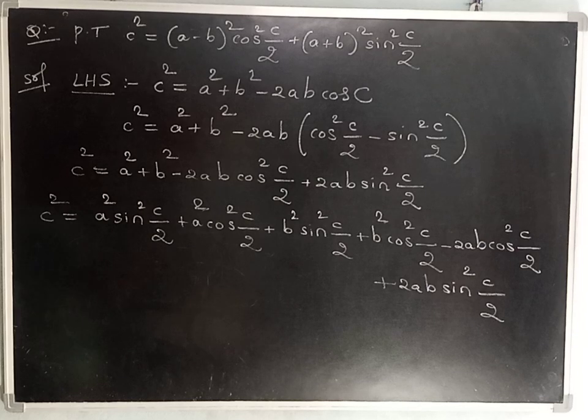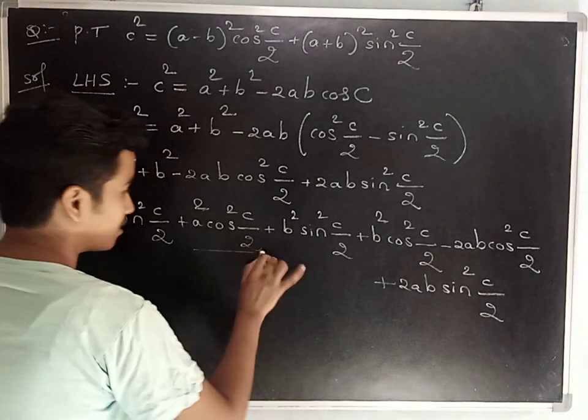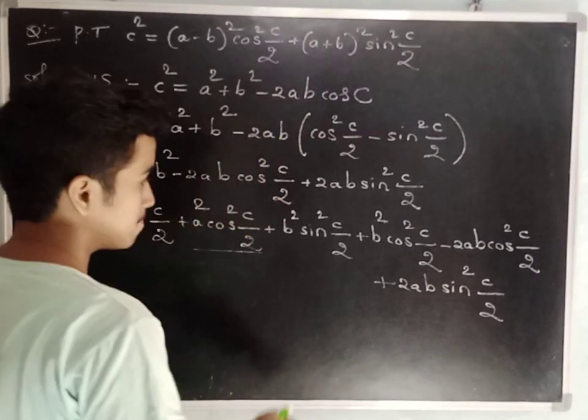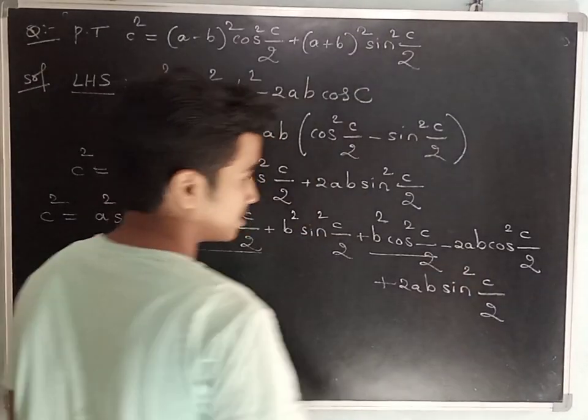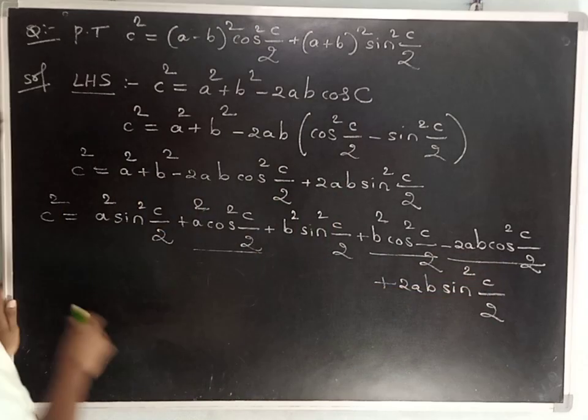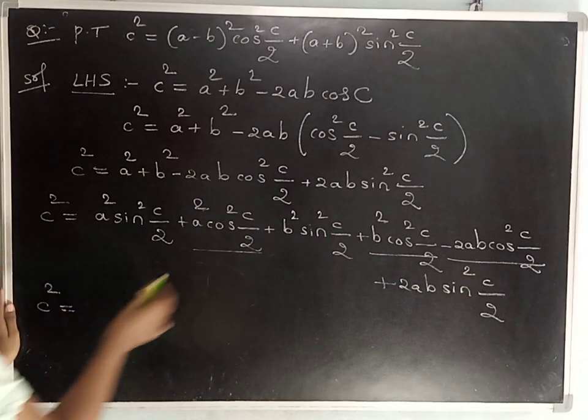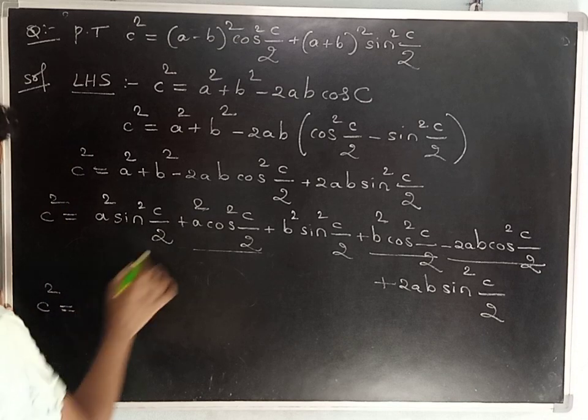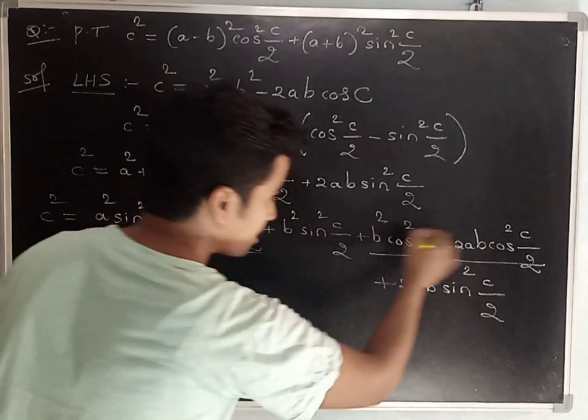Now a square cos square C by 2, b square cos square C by 2, minus 2ab cos square C by 2: I am going to take these three aside, so that c square is equal to, taking cos square C by 2 common, a square plus b square minus 2ab.